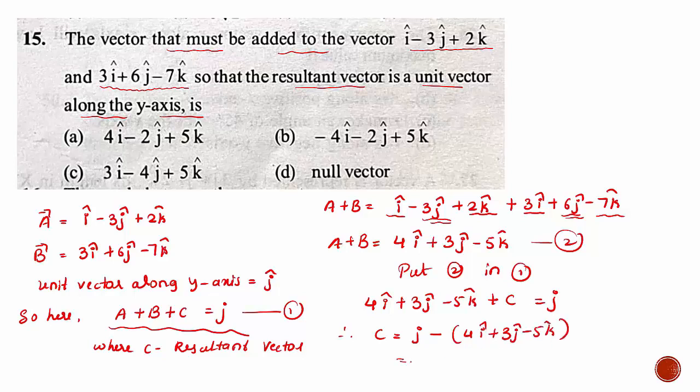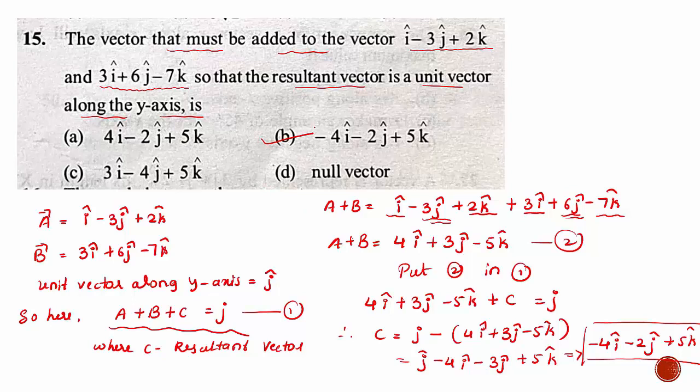Minus into minus is minus 3j cap, minus into minus is plus 5k cap. So the final answer is minus 4i cap, j minus 3j means minus 2j cap, plus 5k cap. Minus 4i cap minus 2j cap plus 5k cap means option B is the right answer.